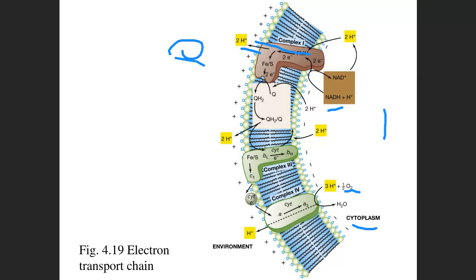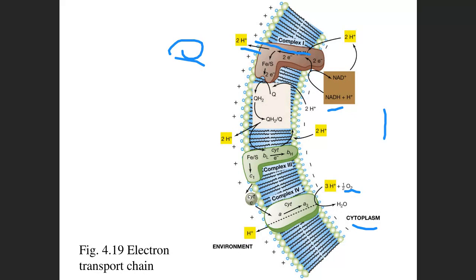Okay, so now you understand this is the electron transport chain. But the function of the electron transport chain biologically is actually to generate a proton gradient.